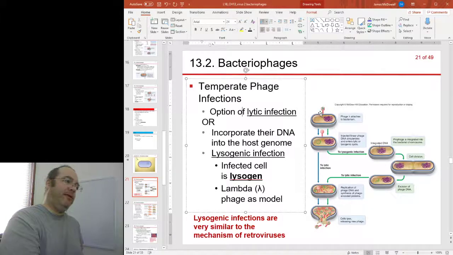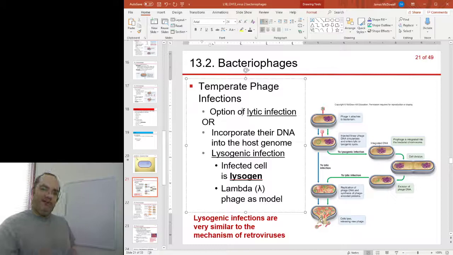First off, the virus could act just like a lytic phage, orchestrate production of virus pieces, put those pieces together, cause the cell to lyse and release. So this mechanism here with the blue line is near identical to the T4 lytic cycle.